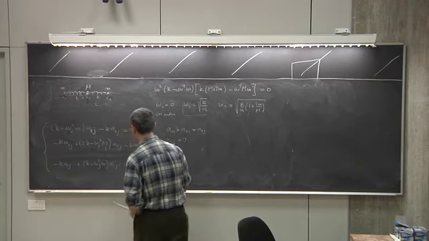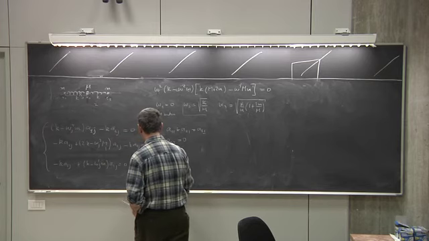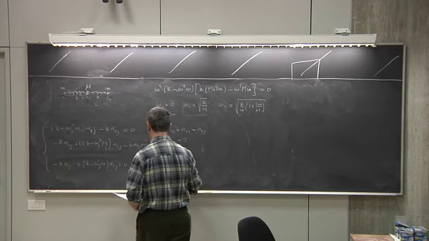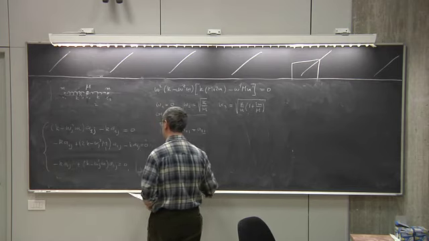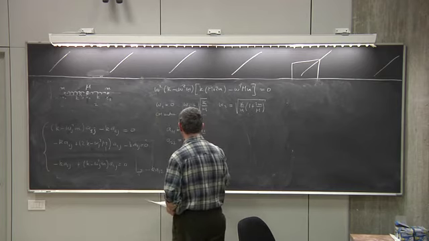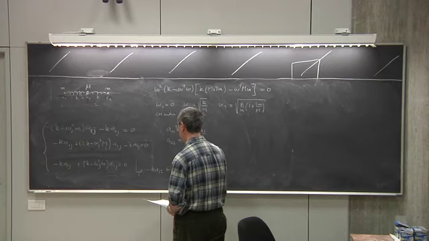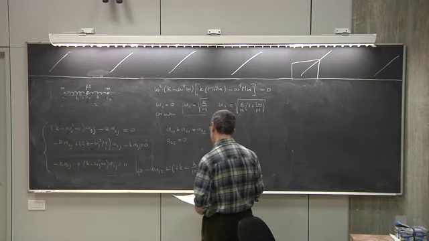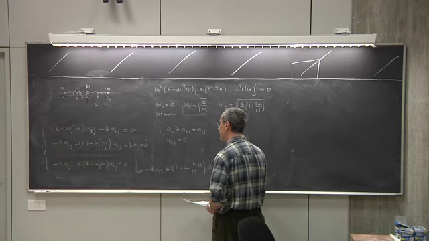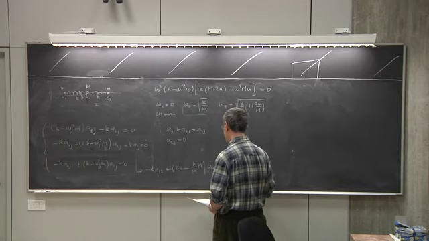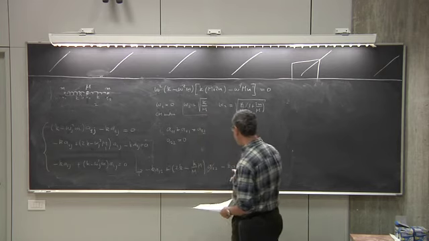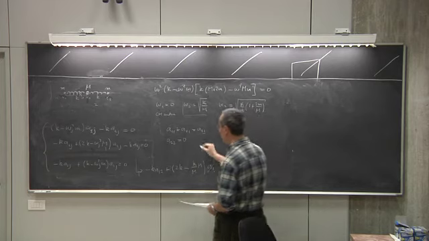So now I have minus k A12, plus 2k minus k over big M times big M, so there is a 2 here, times A22, which is 0, but minus k A32.